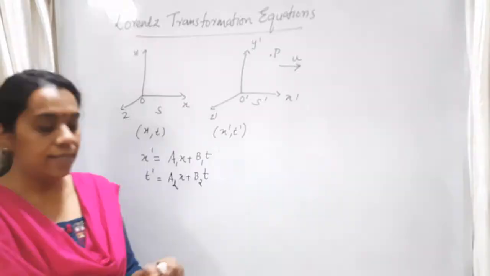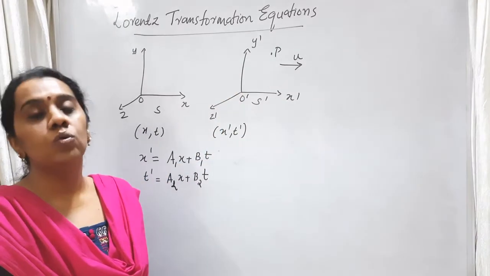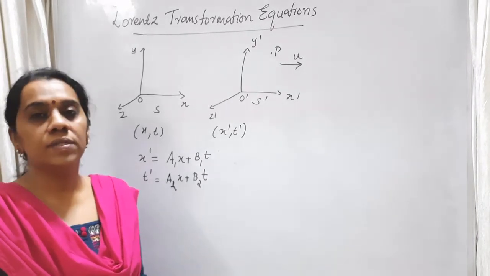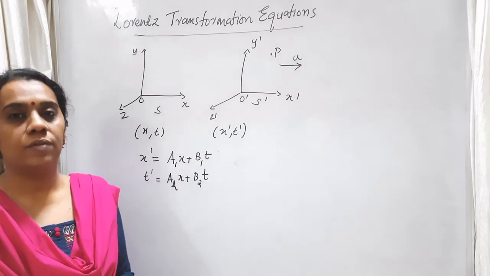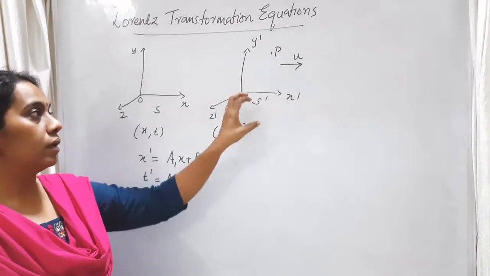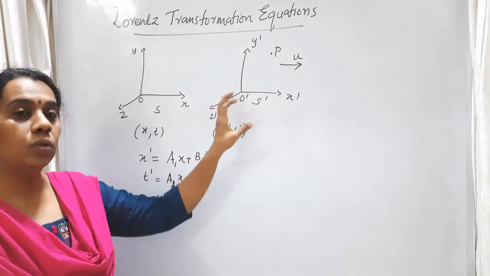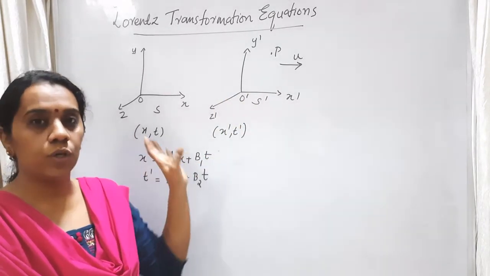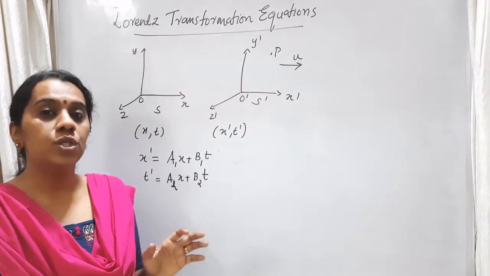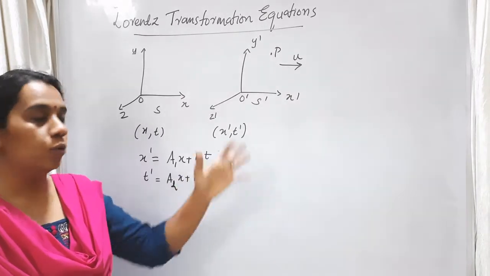So let me summarize. Since the laws of physics are valid in all inertial frames of reference, the velocity of the free body will be constant when you measure from both the S frame and the S dash frame. That means the position of the body should be a linear function of time as measured from both frames.